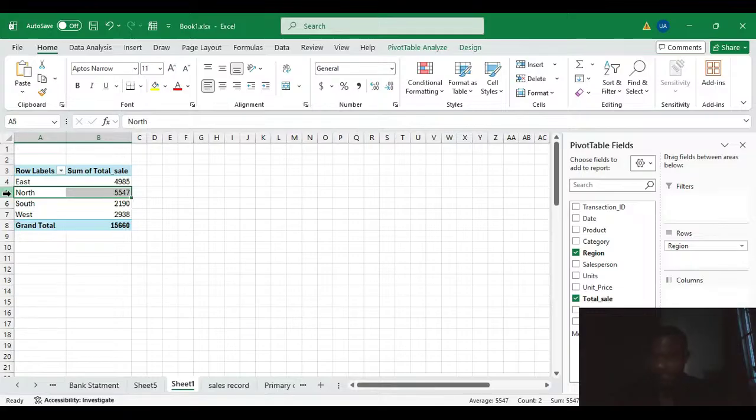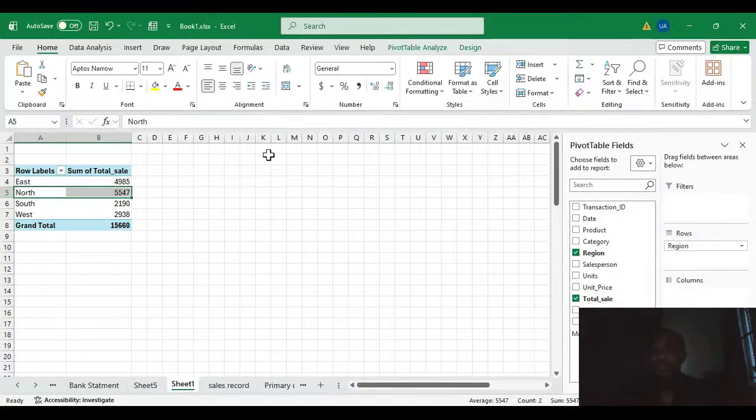Now with this, we can tell the company to prioritize the north region, although other regions should be given consideration, but the northern region has a very good sales, so they can start to make more research or more findings on the northern region because it has the highest sales. Okay, all right.